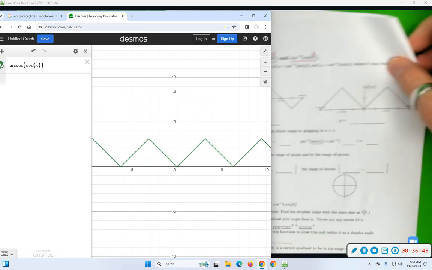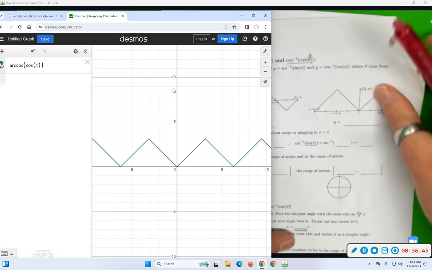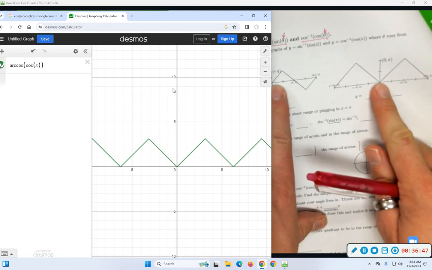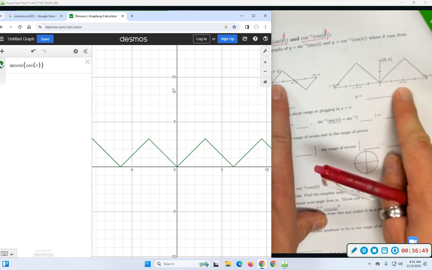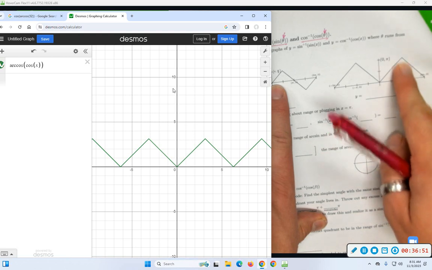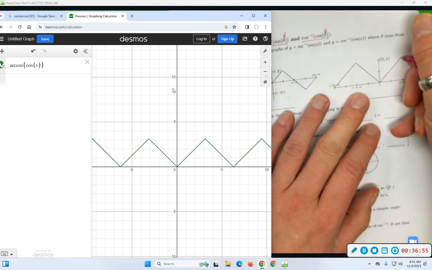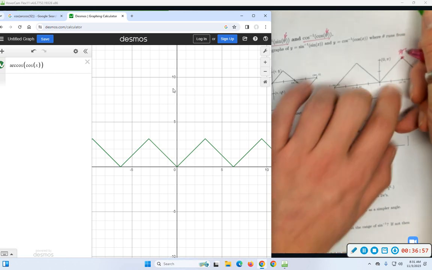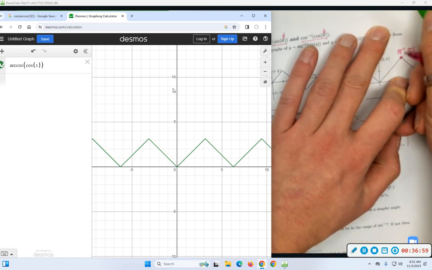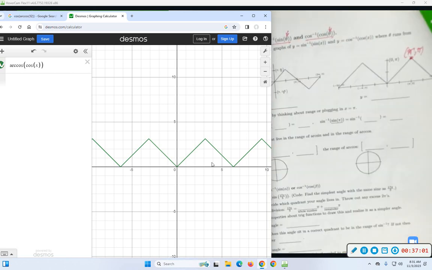It starts at the origin. They both start at the origin, though, it looks like. It goes up to this point at pi.